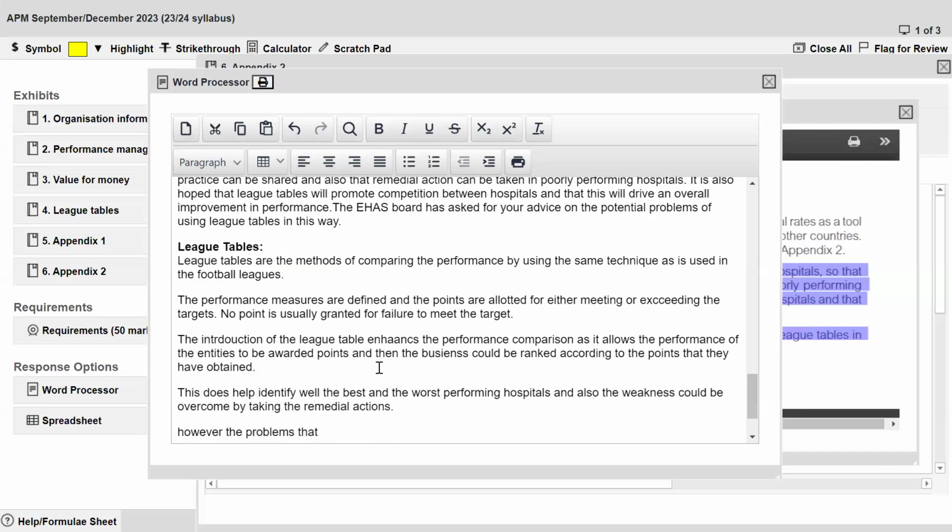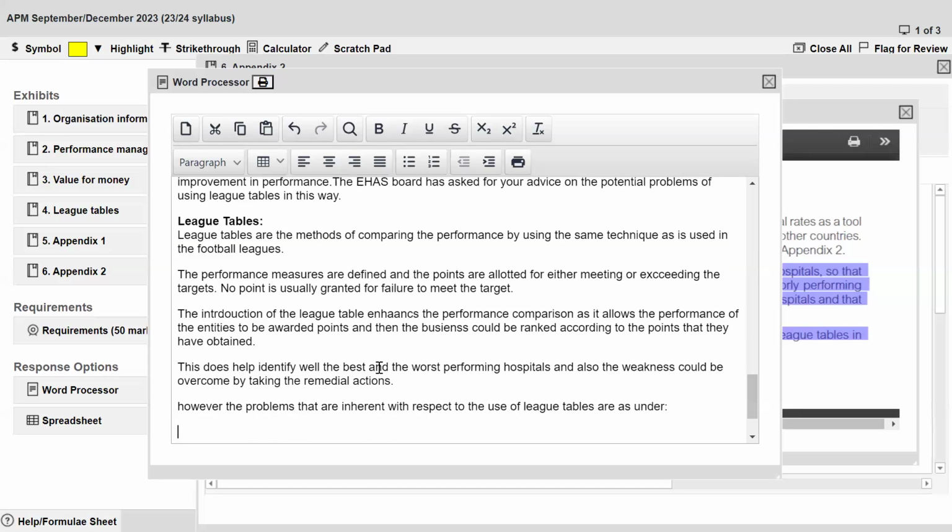However, the problems that are inherent with respect to the use of league tables are as under. The organizations are not comparable.